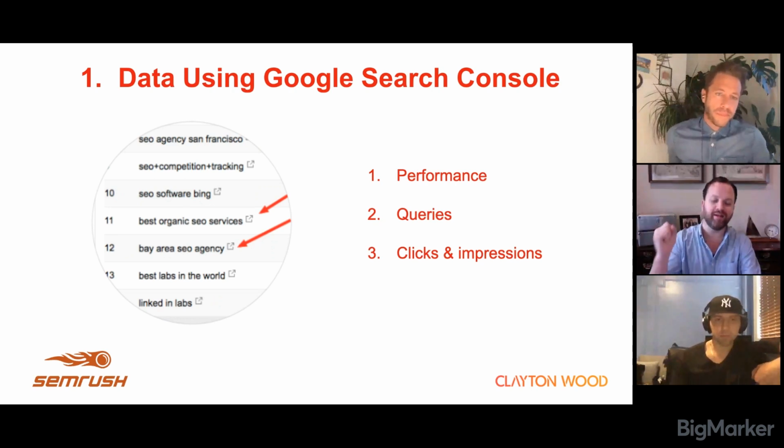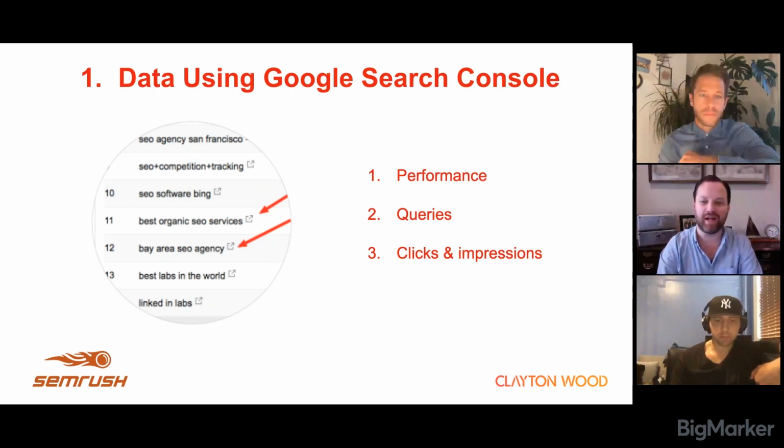So remember that, low impressions, but highly relevant. That's a short list of keywords that could be gold for you. Go and add those to your keyword strategy and to your content strategy, and you'll see that the impressions and the clicks will go up.